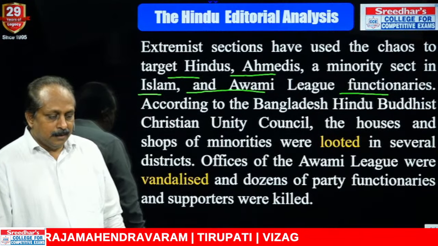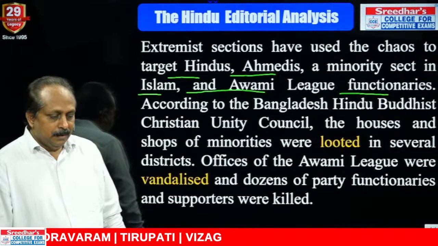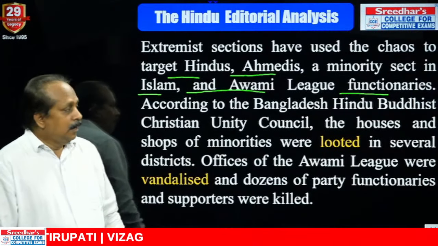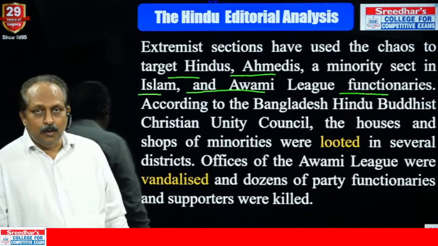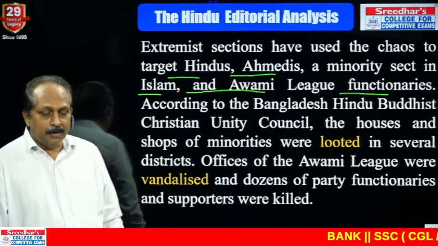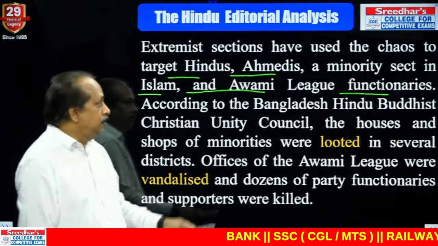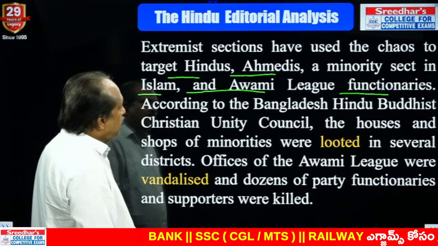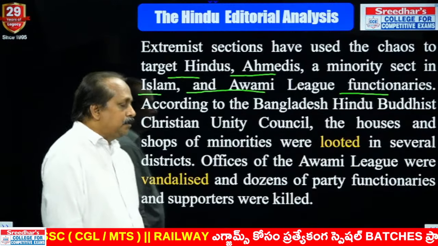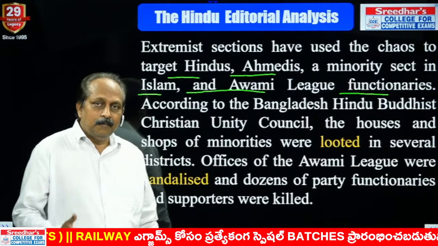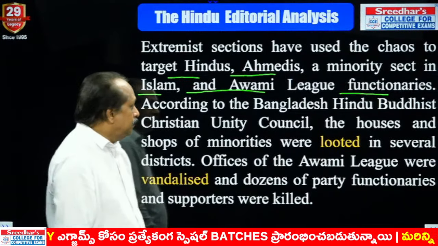Here, based on this chaotic situation, extremist groups tried to take advantage and they started attacking Hindus, Ahmadis, and also Awami League functionaries. Functionary means a person who works officially for the government or for the party.